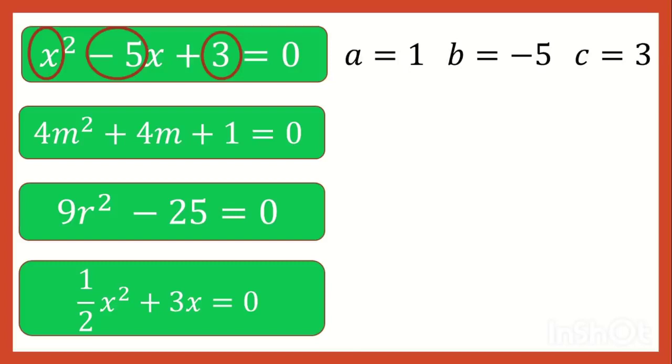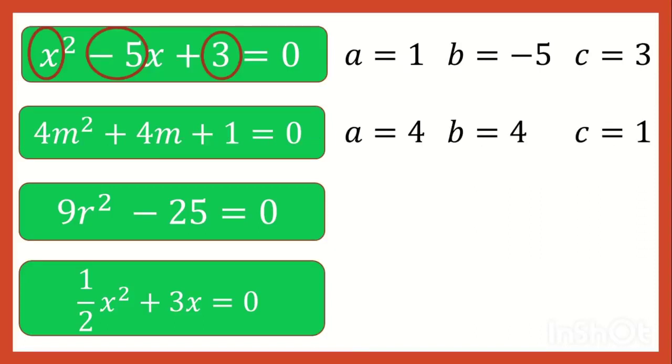So, yan lang ang paraan ng pagkuha ng a, b, and c. You have to arrange it first into standard form para makuha natin ang value ng a, b, and c. Next, 4m squared plus 4m plus 1 is equal to 0. A is equal to 4, B is equal to 4, C is equal to 1.